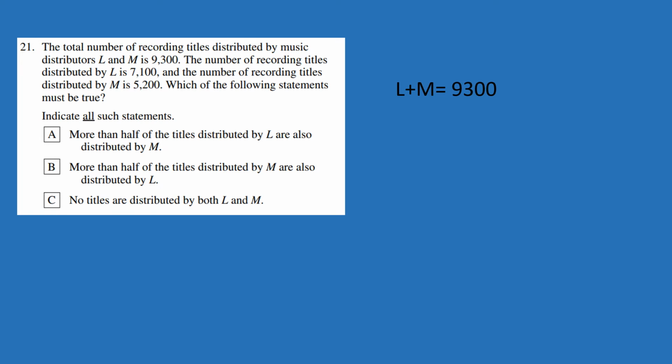But 7,100 plus 5,200 is 12,300, which is greater. So my answer can be either A or B, because more than half of the titles distributed by L are also distributed by M, or we can also say that more than half of the titles distributed by M are also distributed by L.